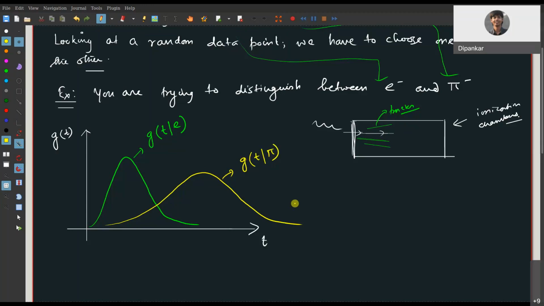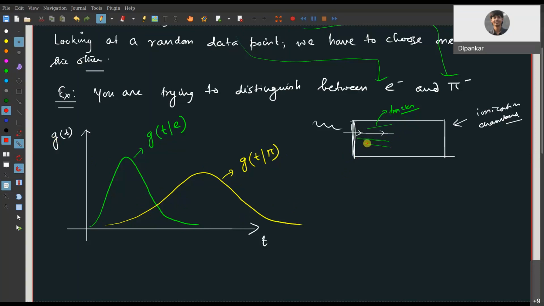Okay. So I have a pure sample of electrons. Somehow I train my detector in this way. So if the sample is purely made up of electrons, my distribution of track lengths will be like this. And if my particles are purely pions, then the distribution of track length is like this. Now the question I ask is: suppose the detector is ready.